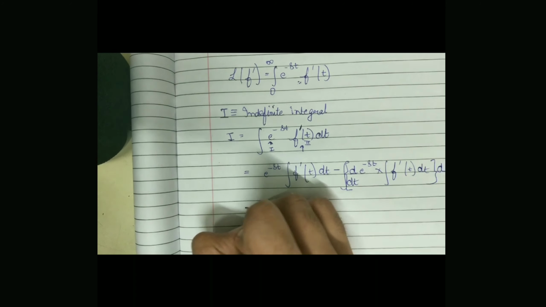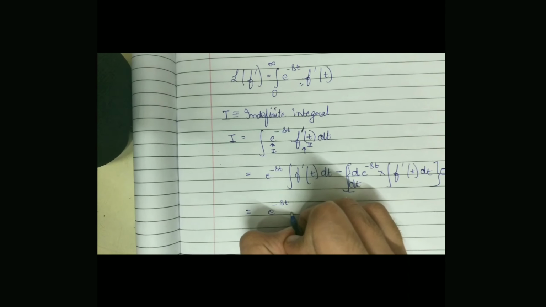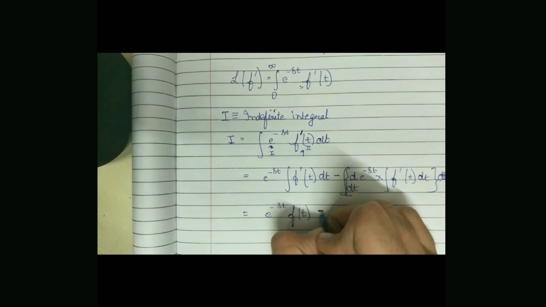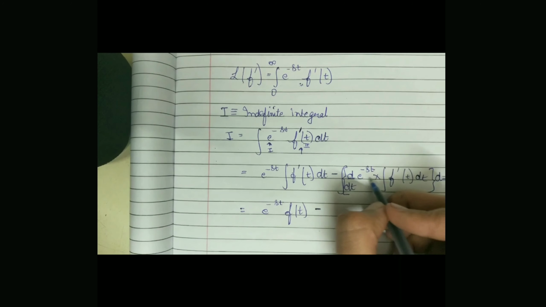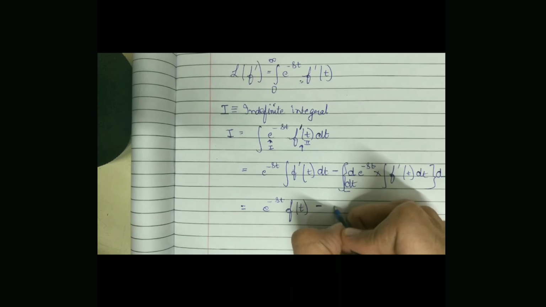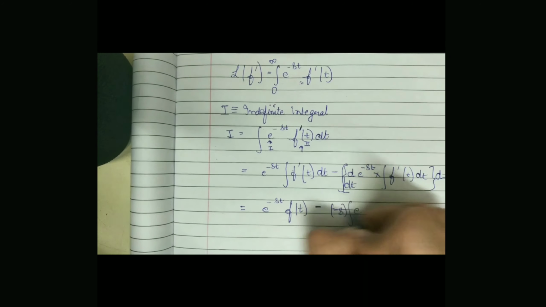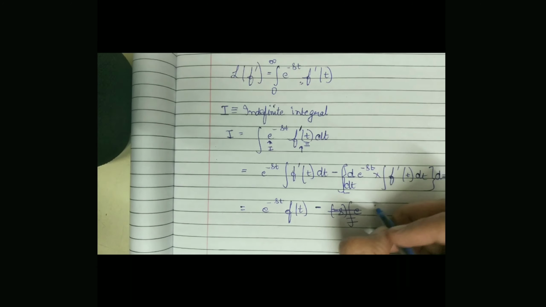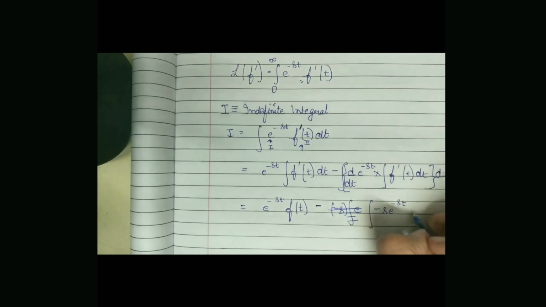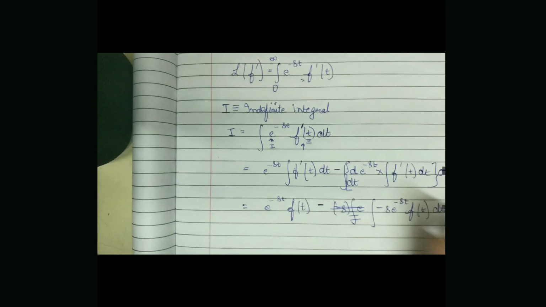I'm going to solve this. Now e raised to minus st, and the integral of f derivative t is nothing but f(t), minus the integral of the derivative of e raised to power minus st, which is minus s e raised to power minus st, and the integral of f derivative t is f(t), dt.